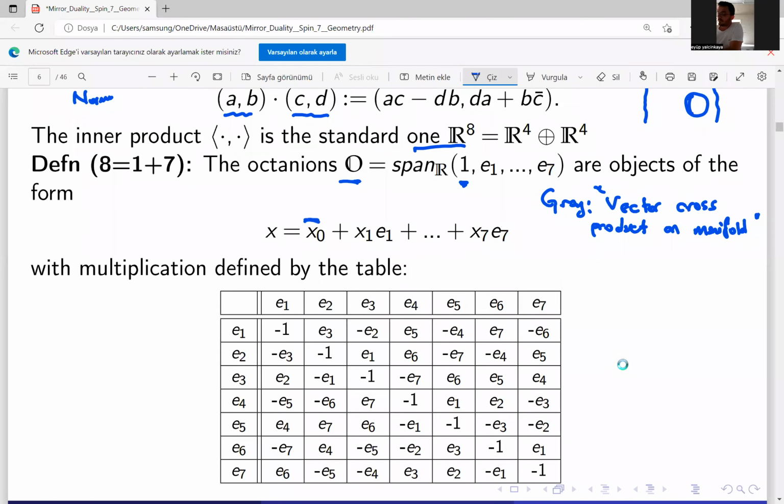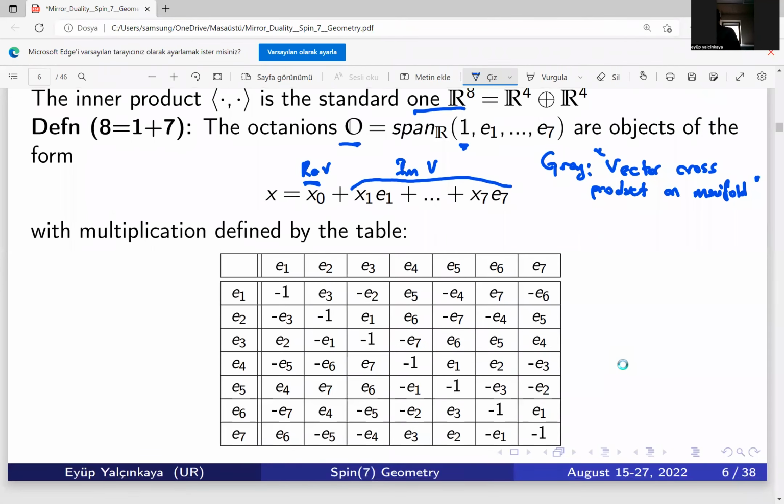We remember from yesterday, this is the real part, real of V, and this is the imaginary part of V, okay? If V is the octonion vector space. And from here, the multiplication table is defined like this.